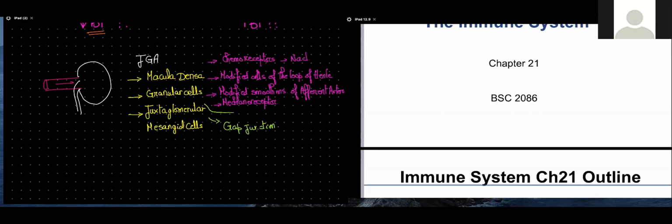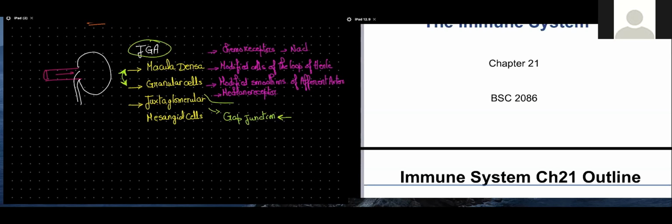They allow the connection between the granular cells and the macula densa of the juxtaglomerular apparatus. And what allows them to do so is the presence of gap junctions in between.